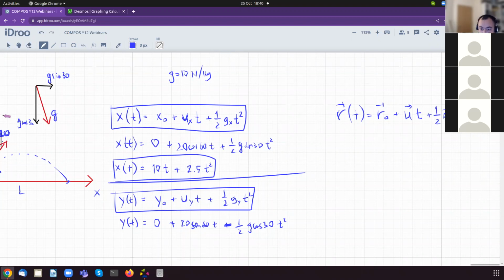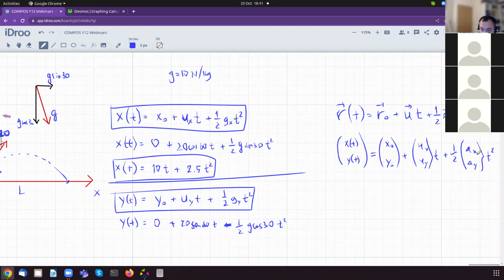But then we split that into components, and we know that r is the vector x(t), y(t), plus x0, y0, plus ux, uy multiplied by t, plus 1/2 ax, ay multiplied by t squared.